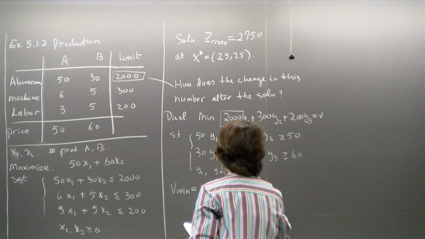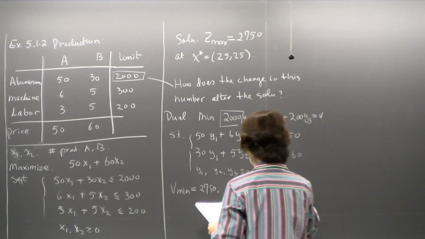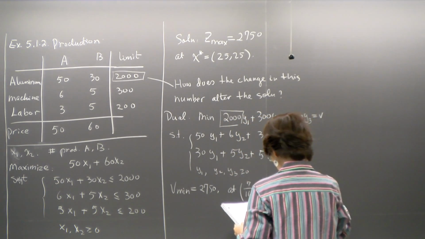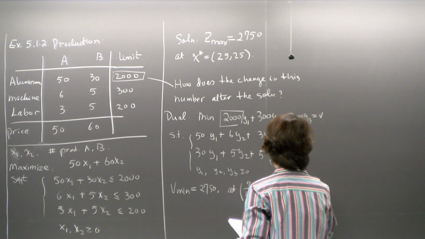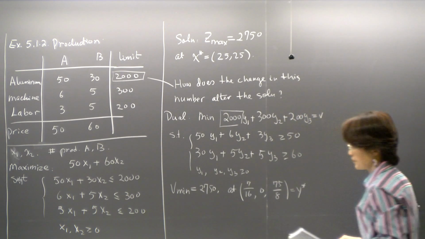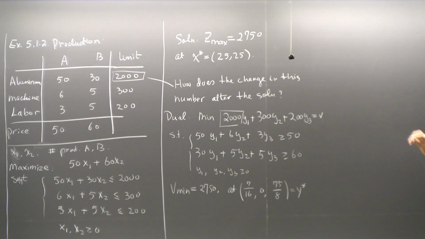And at the optimal value, let's copy down 7/16, 0, and 75/8. And let's call this y star.